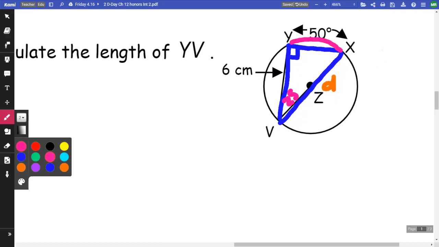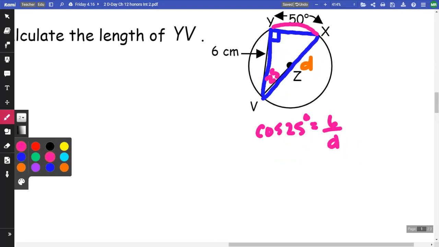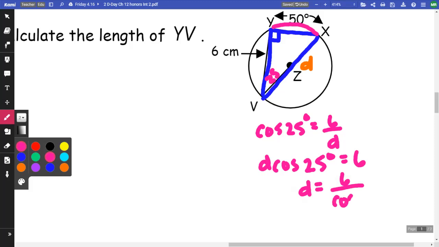So cosine of 25 degrees is equal to 6 over D. So D cosine 25 degrees is equal to 6. So D equals 6 divided by cosine of 25 degrees. That would be the diameter.